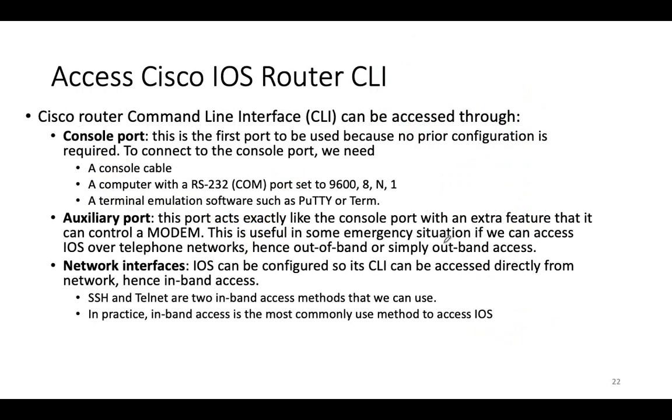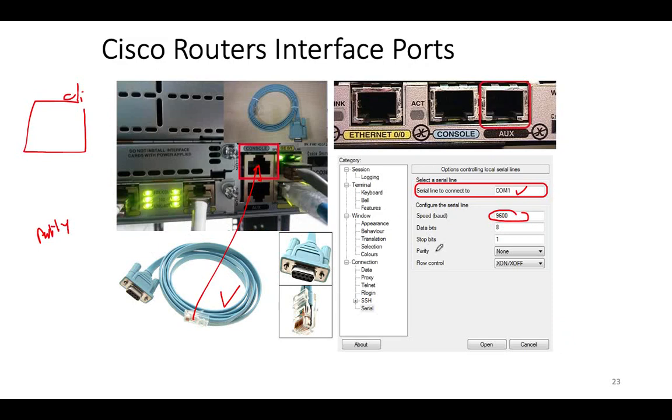How to do that? We just go to the CLI, and inside the CLI we will find something like this. If you use Packet Tracer, you will not use that in your case. However, we use this in an actual physical router if you get the chance to do so.